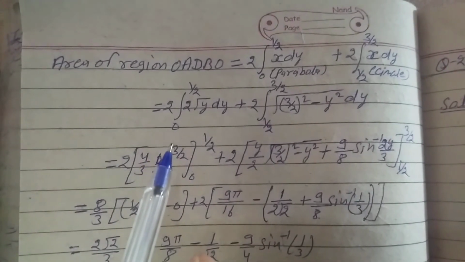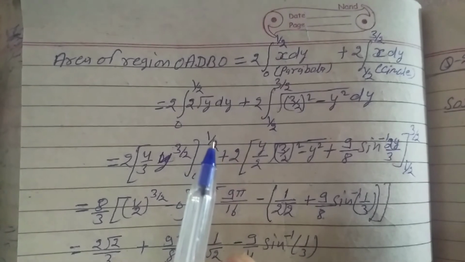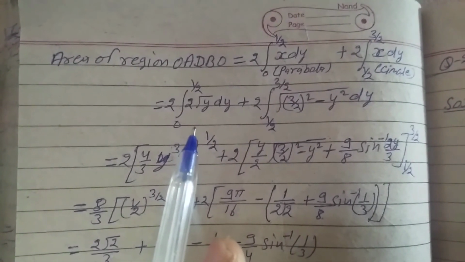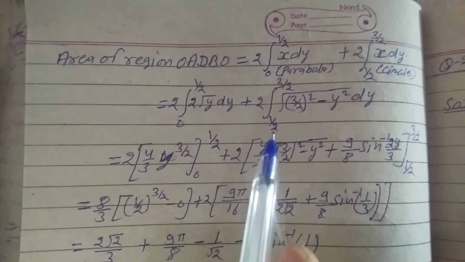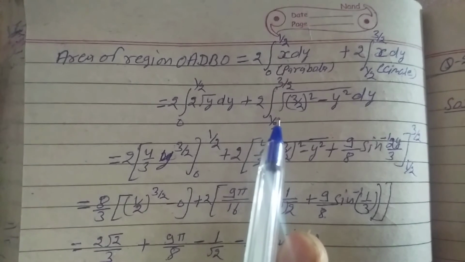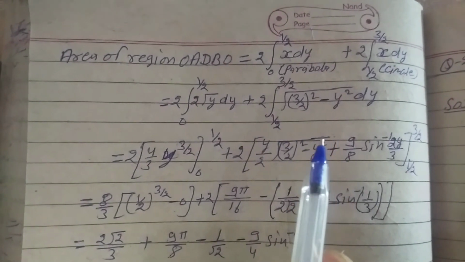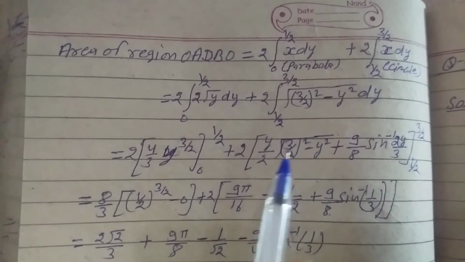So it is equal to 2 times the integration from 0 to 1/2 of √y dy, because we put the value of x from the parabola equation, plus 2 times the integration from 1/2 to 3/2 of √((3/2)² - y²) dy, because we put the value of x from the circle.